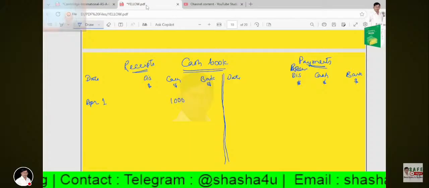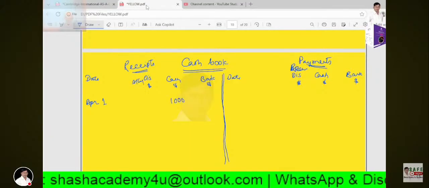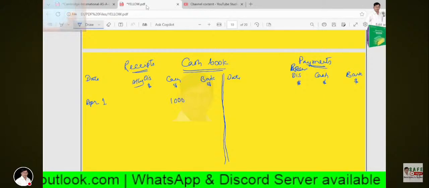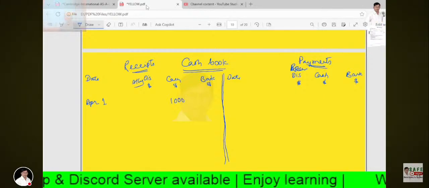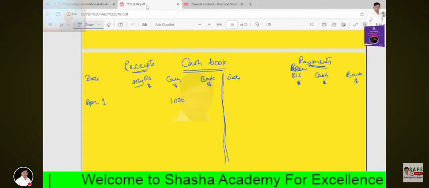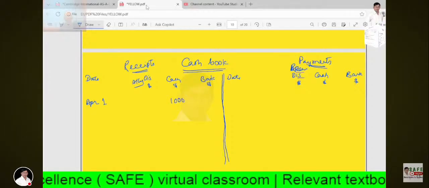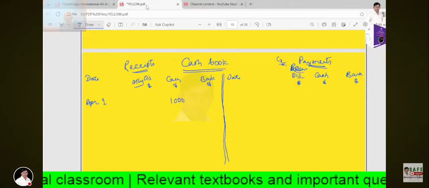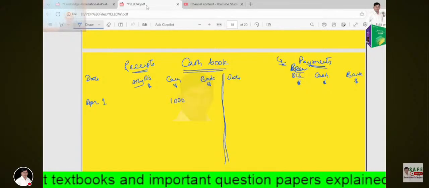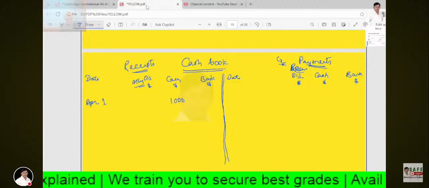But when we receive payment, at that time we allow discount, so it's a loss. So we write it here.